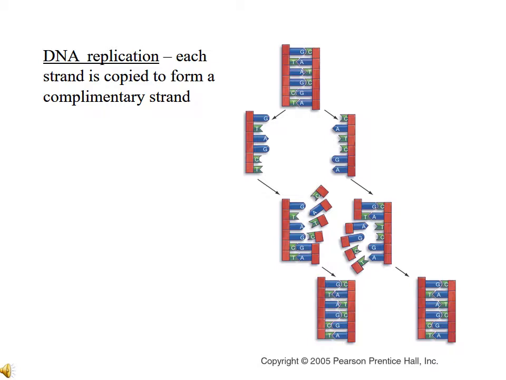Nucleotides then come in and will attach themselves in the process of DNA replication so that wherever there is a G, a C will come in, wherever there's a T, an A will come in, and so on. As this process goes, you can see how the nucleotides from the double-stranded molecule have now formed two new double-stranded molecules.